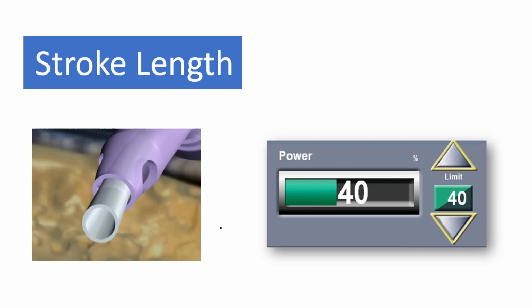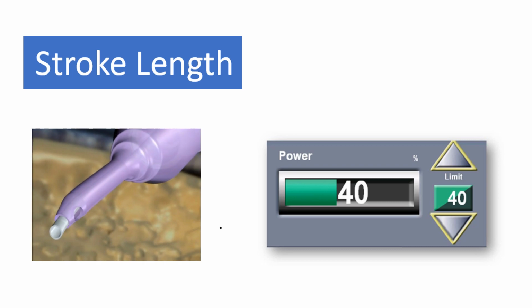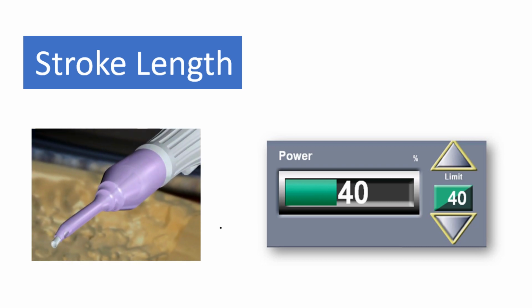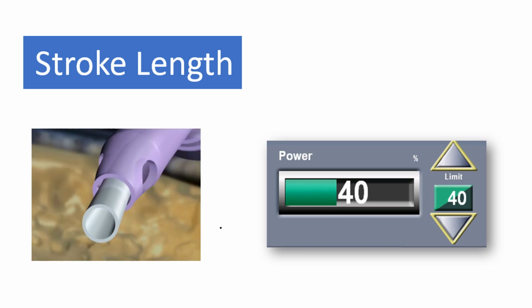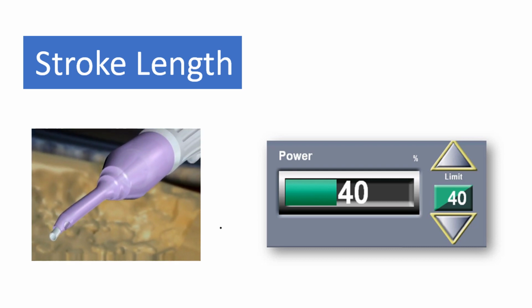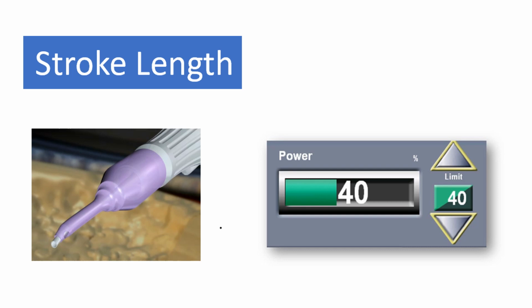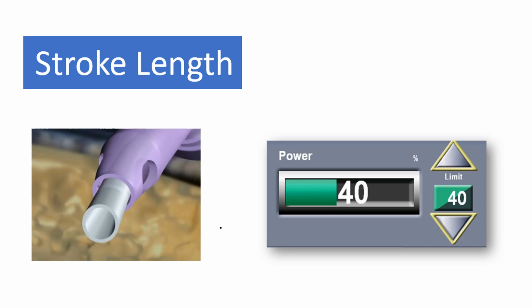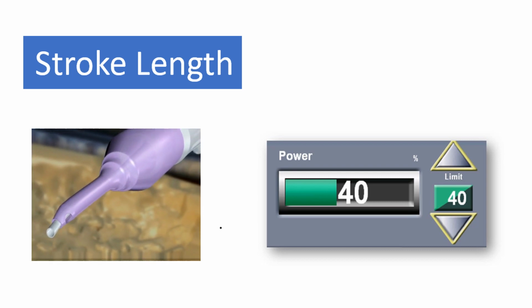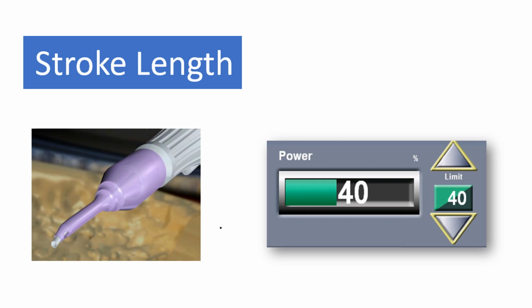That is, in this display, you are seeing 40% of the total stroke length being used. If the tip can travel 90 microns at 100% of power, say for company A, then by setting 40% of that power, how much are you asking the tip to move?